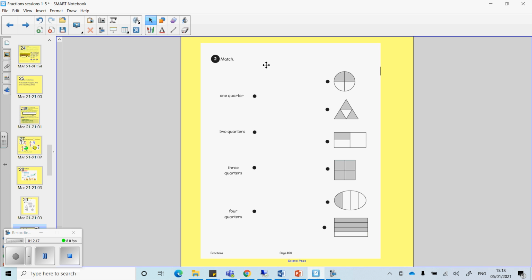You might want to write the numbers on there to show what 1/4 looks like. Remember, quarters are split into 4 equal parts. So 1 out of 4 equal parts. 2 out of 4 equal parts.